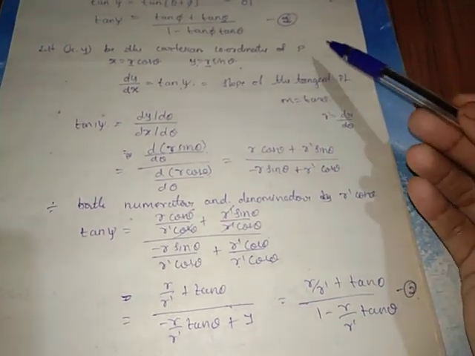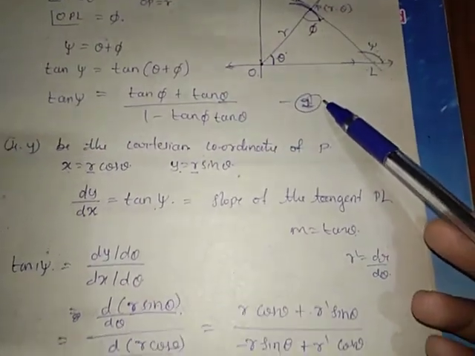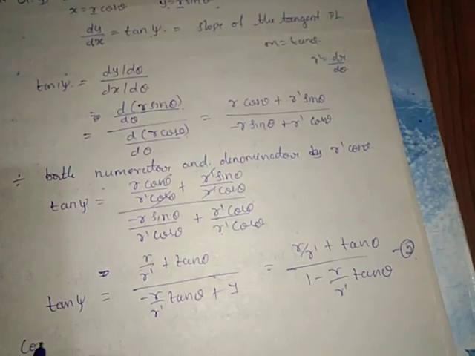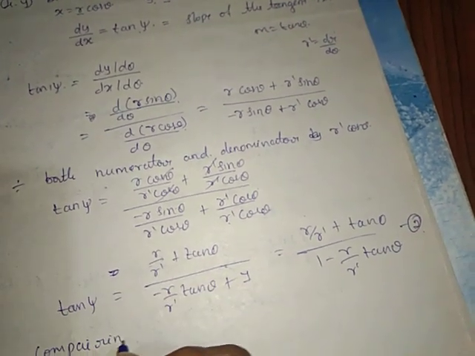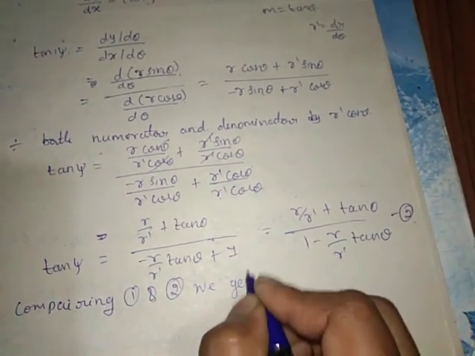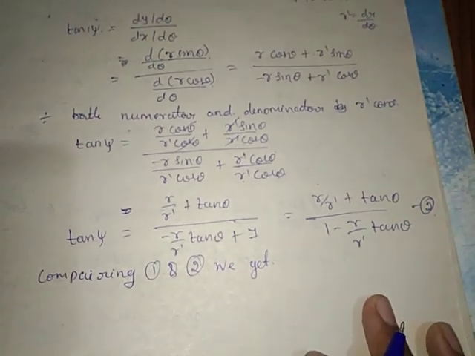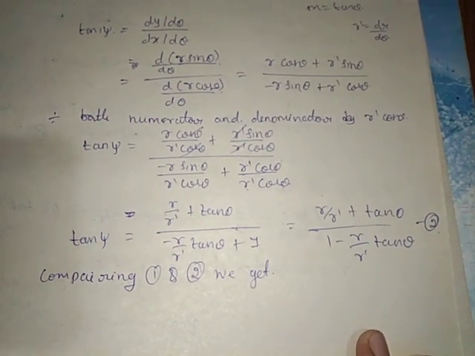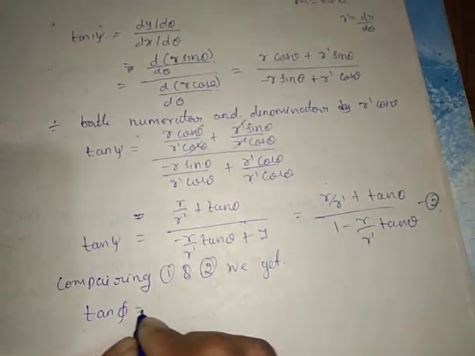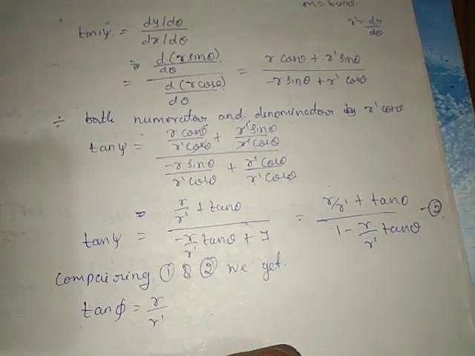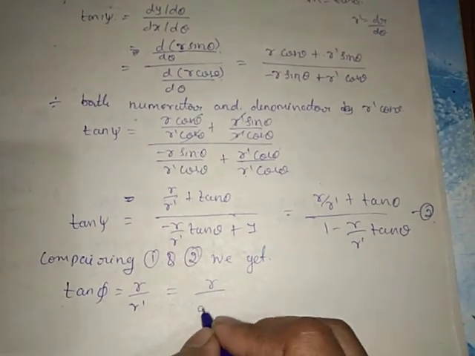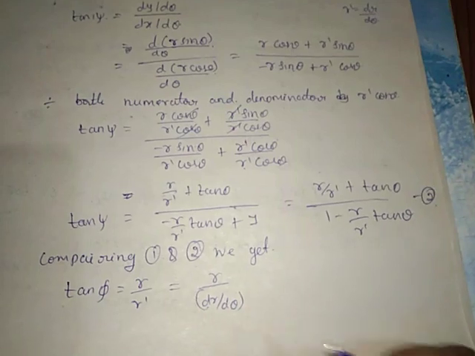Now comparing equation 1 and 2, we get tan phi equal to r by r dash, where r dash is nothing but dr by d theta.